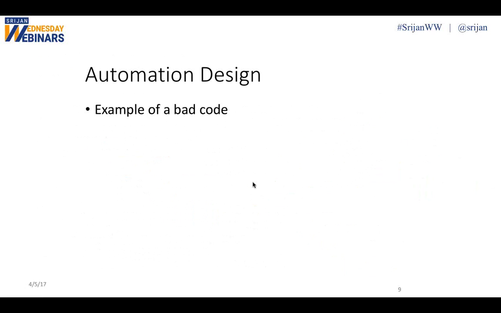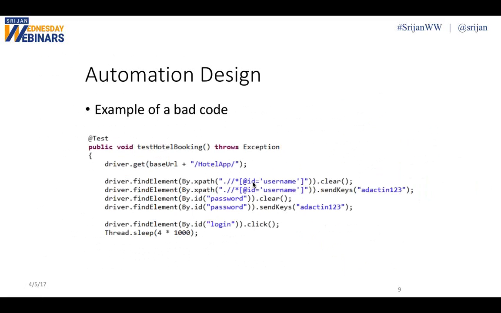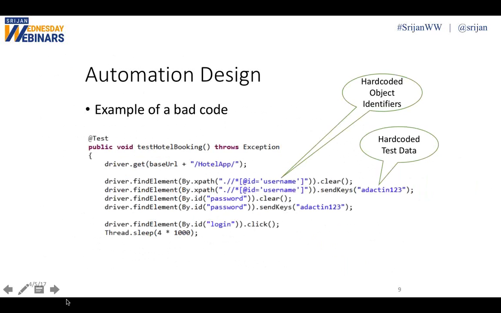Let's look at more examples. Now this is a test case. What happens in this test case? In this test case, I'm going to the page. After going to the page, I'm entering the username, then entering the password, and then clicking on the login button. The problem here is that it has a hard-coded object identifier.